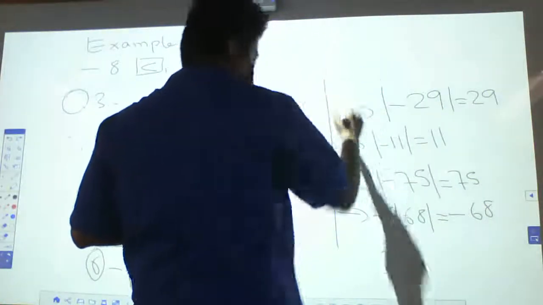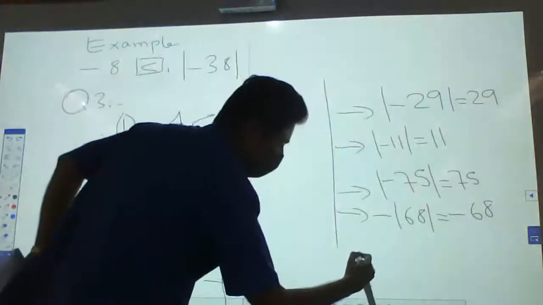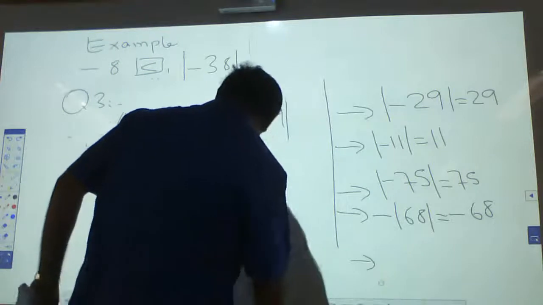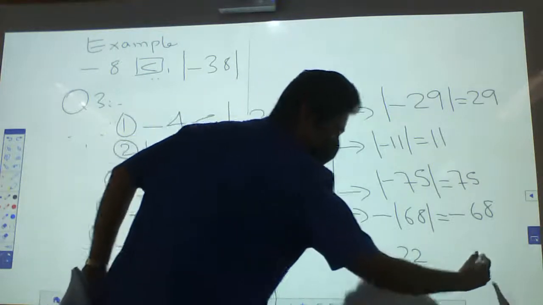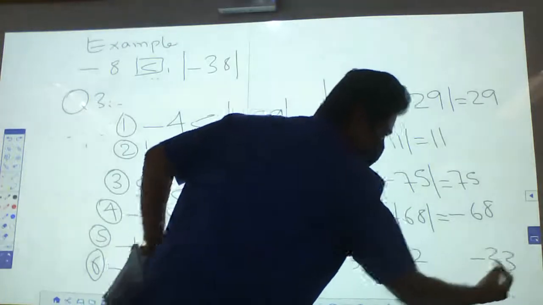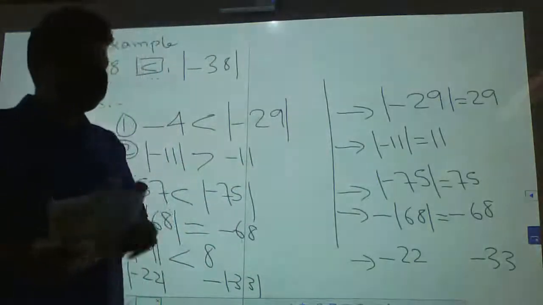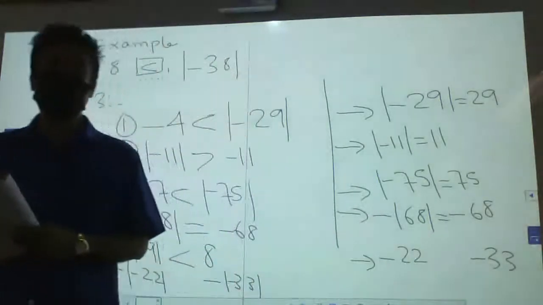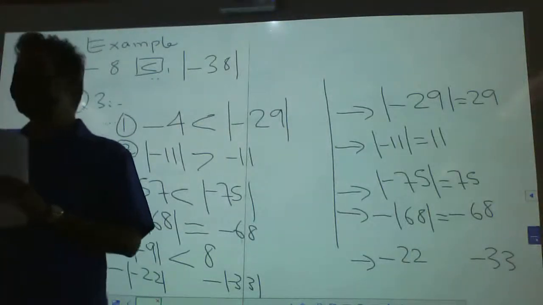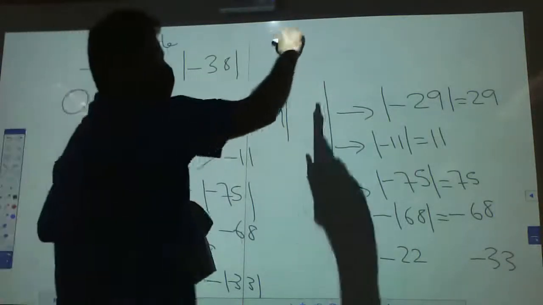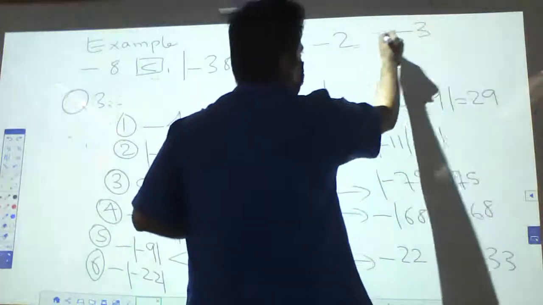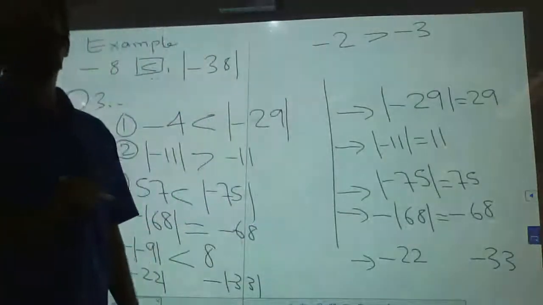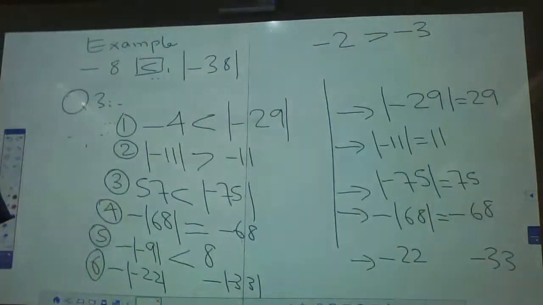See this question, right? It will be like this, minus 22 and minus 33. Now it is bigger or smaller? Bigger, because if we see like this, minus 2 and minus 3, minus 2 is greater than minus 3, right?